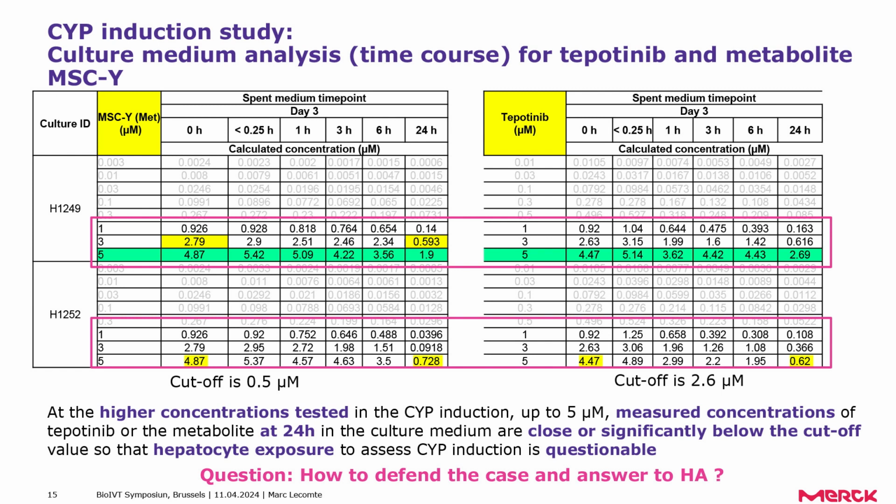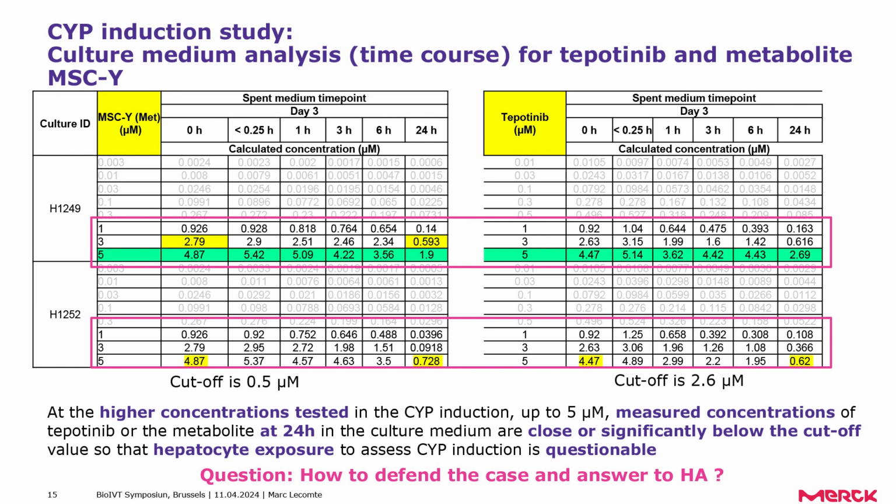Sorry for this busy slide, but you have the boxes. For tepotinib at the highest concentration, 135, you see that, as they say, we are above 2.6, but if you look at 3 and 1, we are significantly lower. By the way, for each concentration, there is still the phenomenon that at the later time points you really have a drop of the concentration compared to the time zero concentration.